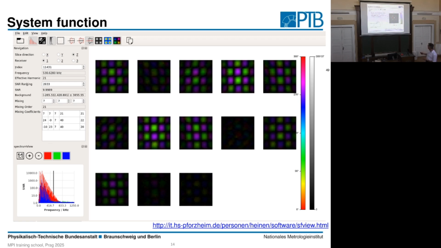The absolute value is coded by the brightness, and the phase by the color. Further, we can take a look at the SNR distribution in this system function, because this is also an important thing. The SNRs are calculated from the data of the system function only, not from the measurement on the right side in our experiment. And this we have to take into account.